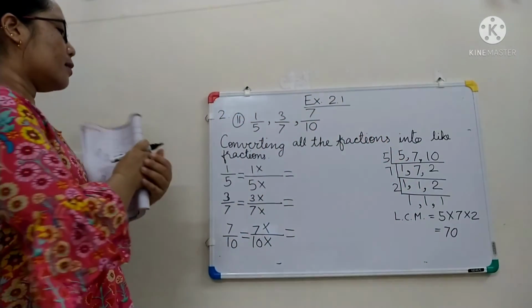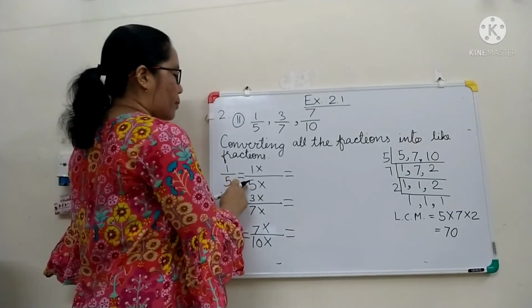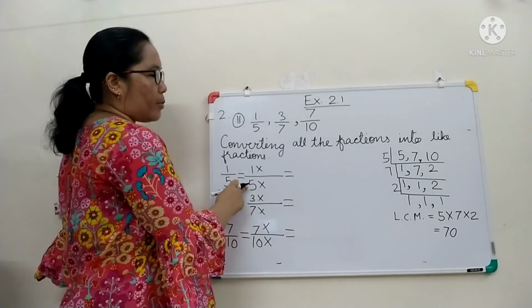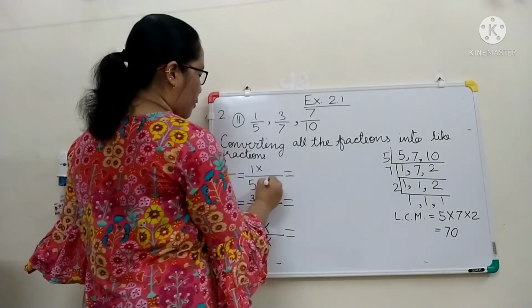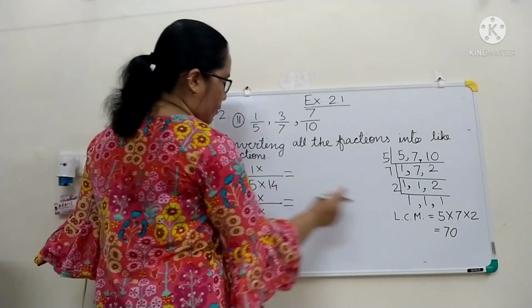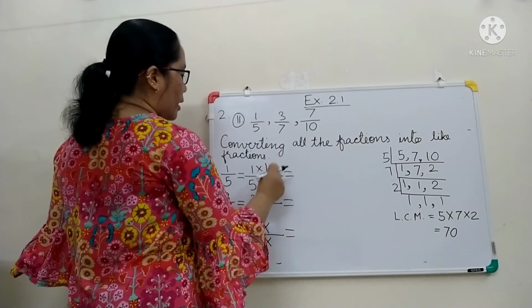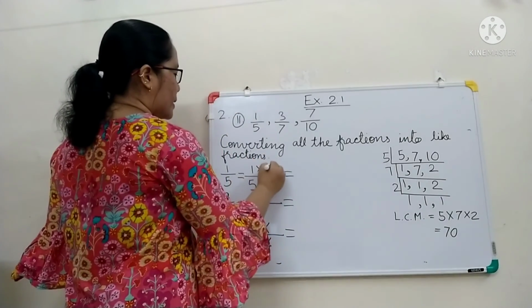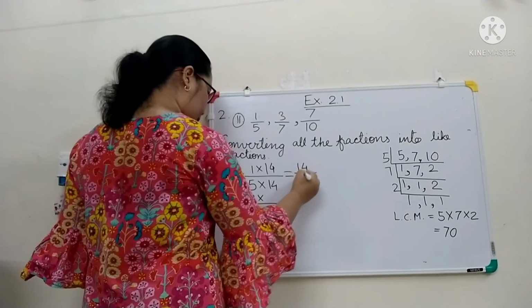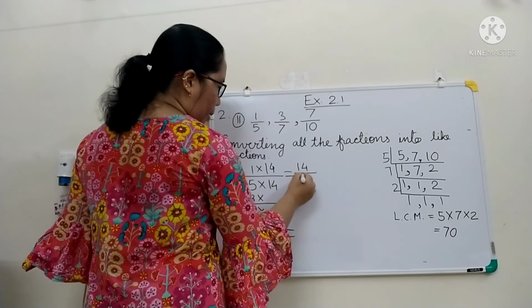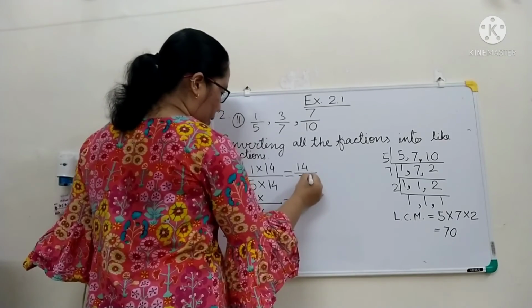So here we have to find which number we have to multiply with the denominator 5 to get 70. We will multiply 5 with 14, then we will get 70, the LCM. We will multiply the numerator with the same number, so we get 14 upon 70. Is it okay?